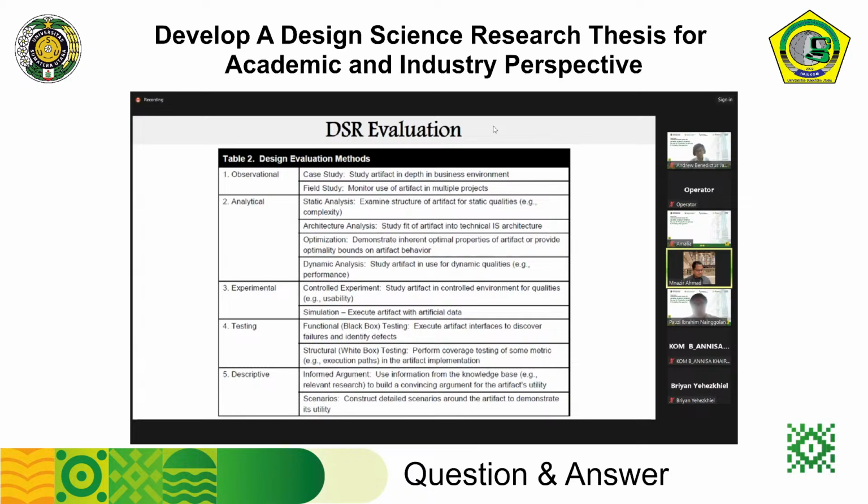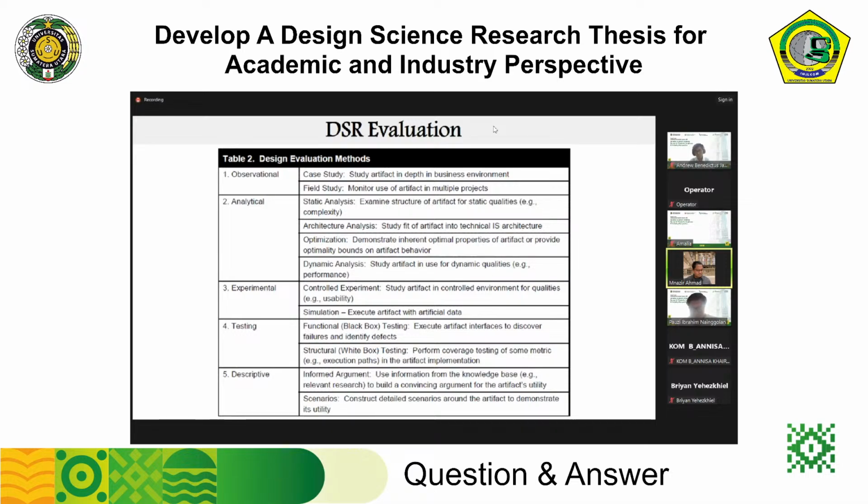So, Stephen, the metric or indicator of success can be confirmed based on what type of observation method you are going to adopt when you evaluate the artifacts. Because our design science is pragmatic, you can adopt any type of evaluation method.